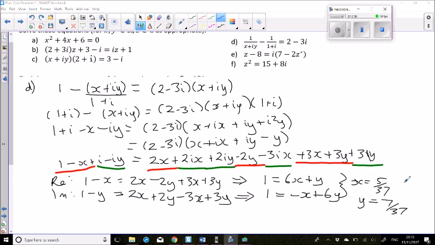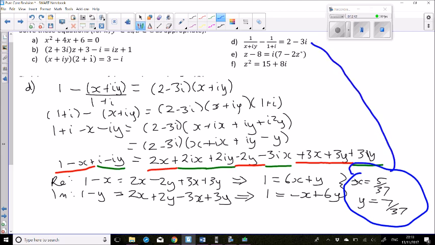Once you've got your final answer, don't forget you can check it by substituting it back into the original expression here. If you put it into the left hand side, put everything in your calculator, you'll see it does indeed equal 2 minus 3i.